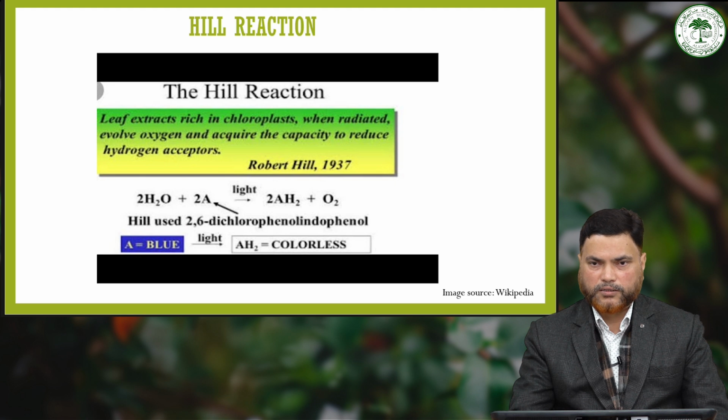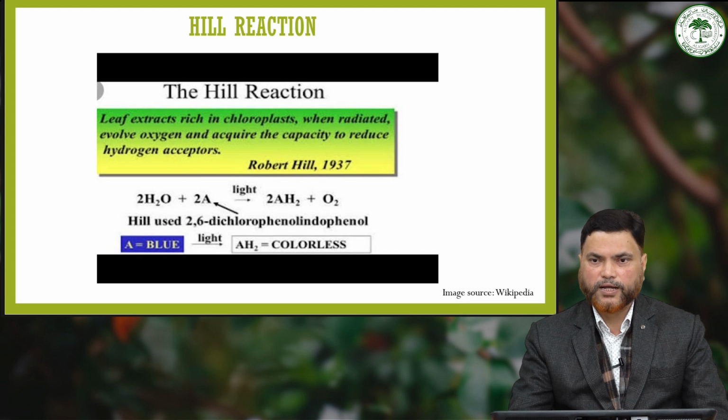This process was discovered by Robert Hill in 1937, which revealed that the oxygen produced during photosynthesis through the oxidation of water occurs independently of the mechanism that converts carbon dioxide into sugars.